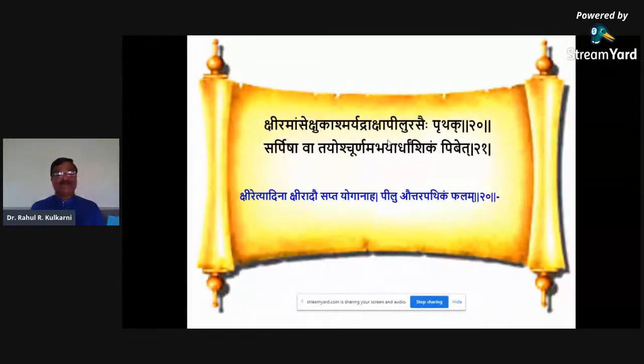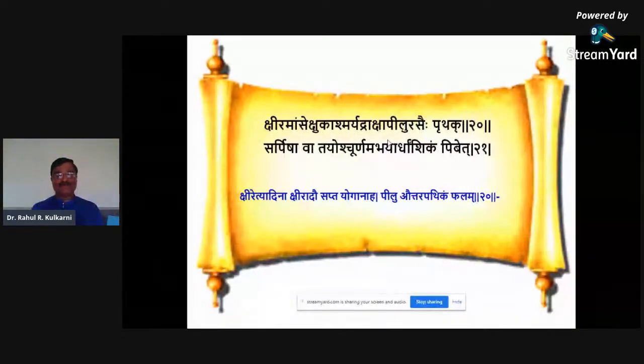Kshira Mamsa Ikshu Kashmarya Draksha Pilurasahi Pruthak. These 7 yogas, that is Kshira, Mamsarasa, Ikshurasa, Kashmarya Rasa, Draksha Rasa, Pilurasa, separately, Sarpishaha va Pruthak, means these above 6 and Ghruta as the 7th, va Tayoshchurnam Abhyam Ardhamshikam Pibet.